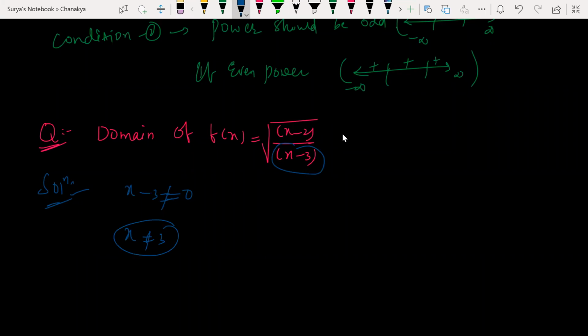Yes, sir. This is condition number 1. One more condition is that the entire thing is under a square root. So x minus 2 divided by x minus 3 should be greater than or equal to 0 here. Whatever expression we have inside the square root should be greater than or equal to 0. This is how the condition should be here.